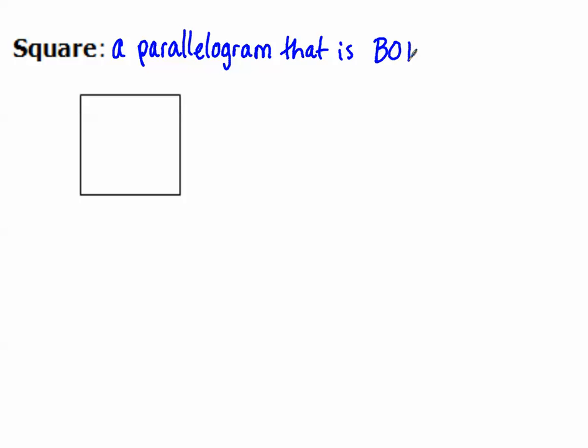Then you can have a parallelogram that is both. So a square is a parallelogram that is both a rhombus and a rectangle. It's both of those things. So if we say, well, a rhombus has 4 congruent sides, so does a square.